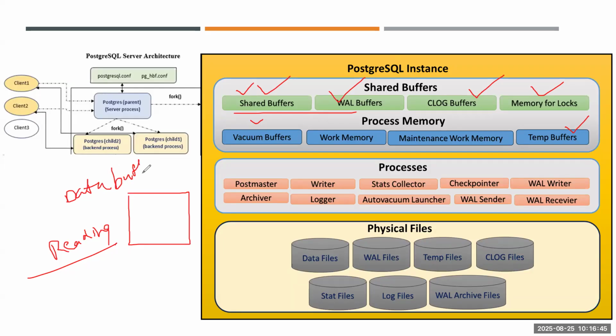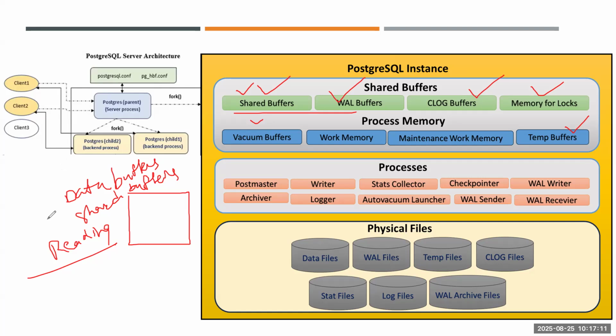You can call it data buffers, or you can call it shared buffers. Physically, to understand, our data will be stored in pages only. In Postgres also our data is stored in the form of pages only. If someone asks how data is stored, it is stored in pages.